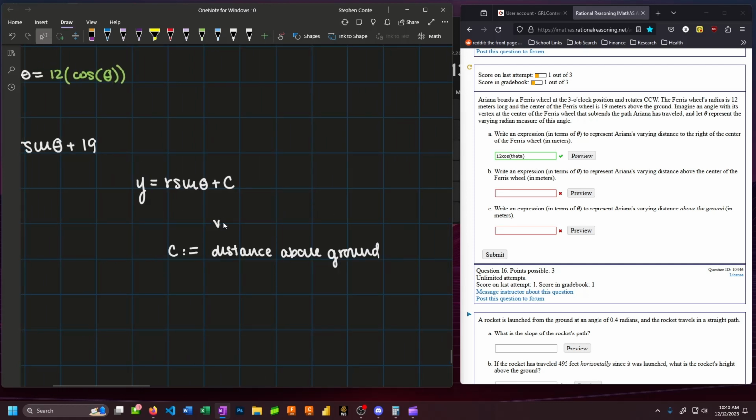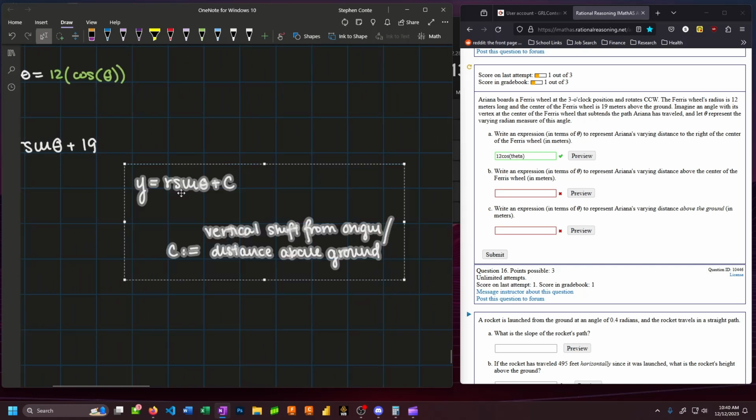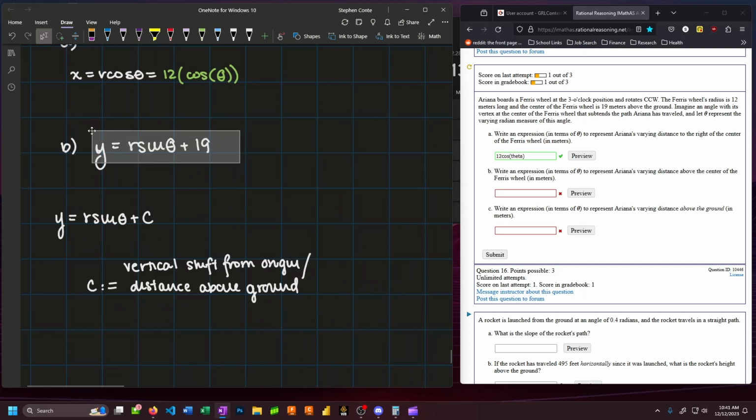Or we can say vertical shift from origin / distance above ground. Okay? So then this is our answer for B.